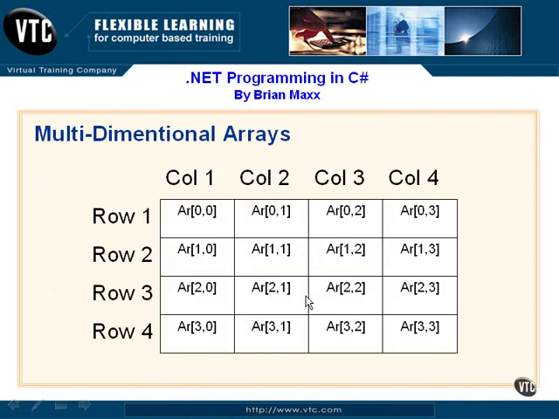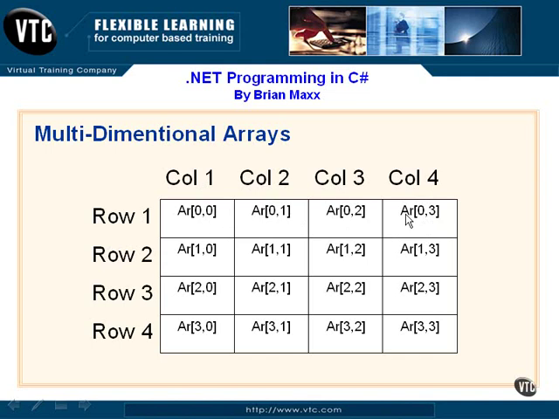You can also have multi-dimensional arrays. This just means that you have rows and columns, and if you created an array and then you wanted to reference it, this is how you would do it. ar, open bracket, and then your 0, 0. You can see as we move across here, the right side, this is going to be your column. So the first column would be 0, second column here, third column, etc. And you're always starting with 0.